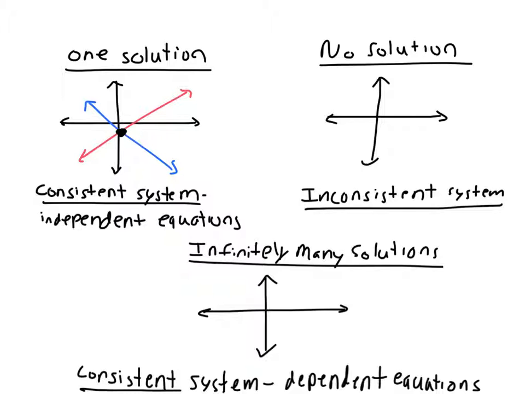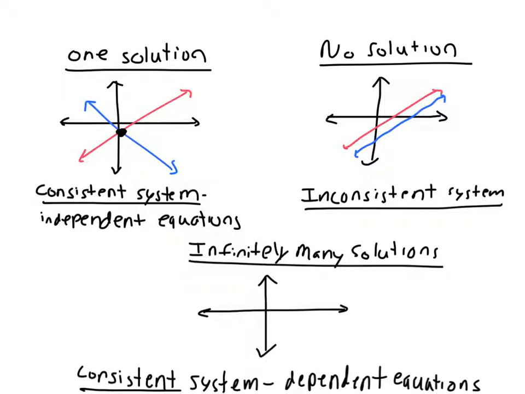When you intersect at exactly one point, you have one solution. Another option is that you're going to have no solution. Graphically, that would mean you have two parallel lines, so they would never intersect. So that would be no solution.